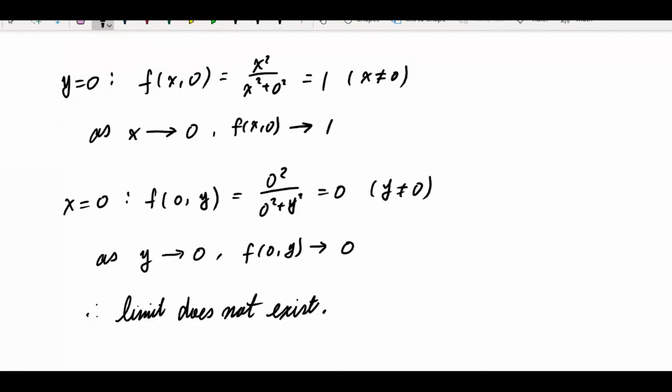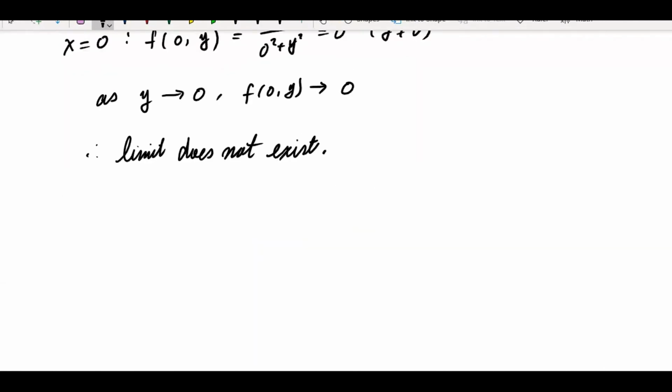Okay, let's look at the next case. Okay, next case is this. Our f of x, let's call it g of x, is equal to 3x squared y over x squared plus y squared.